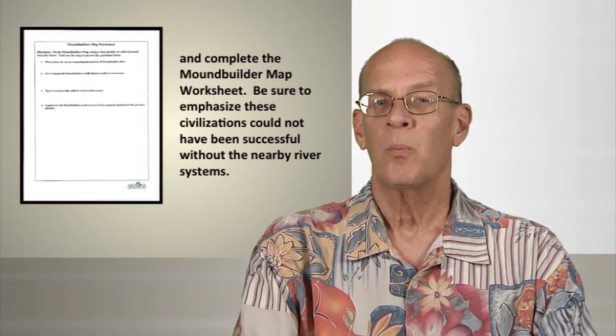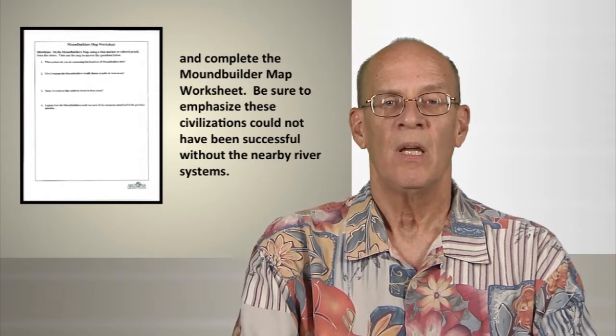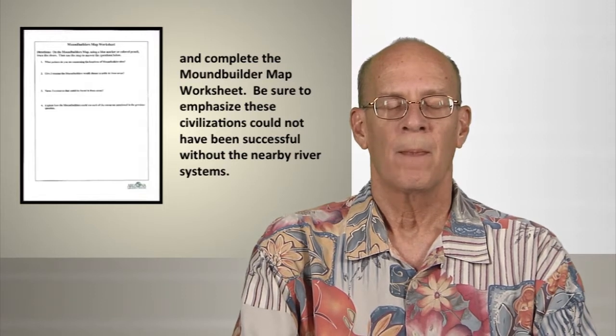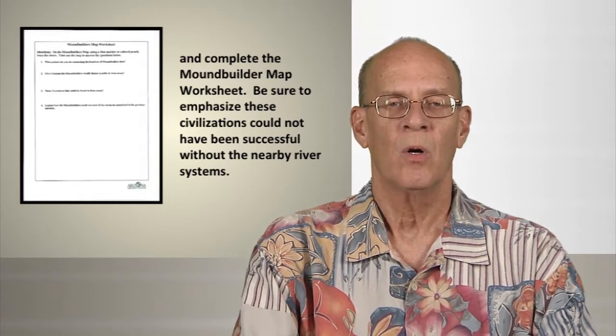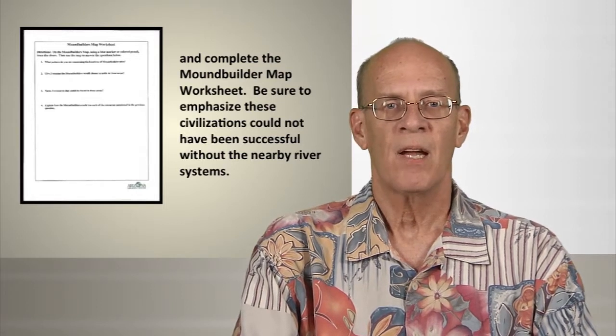One thing that you probably are going to want them to do with the map before they begin to answer questions is to go over all of the rivers and streams with either a blue colored pencil or a blue highlighter so that those stand out better. And emphasize with them also that the civilizations couldn't have existed if they had not been near a river.